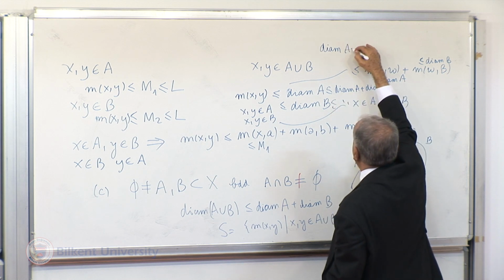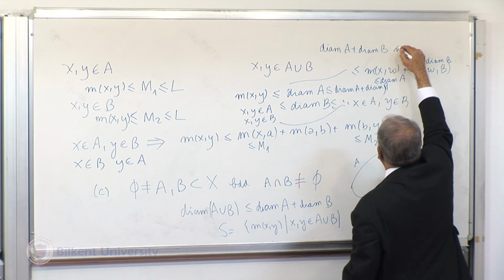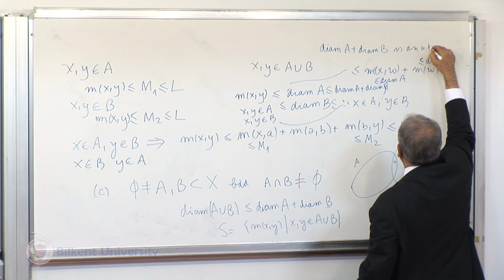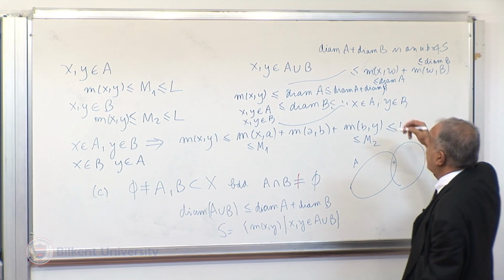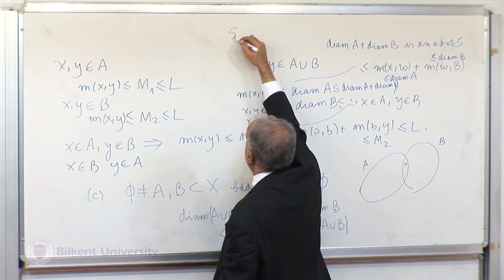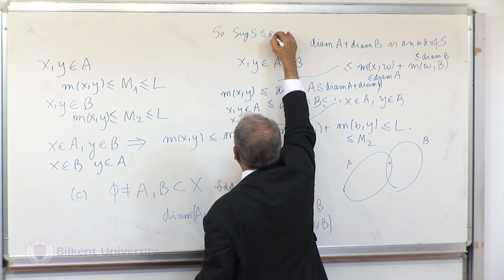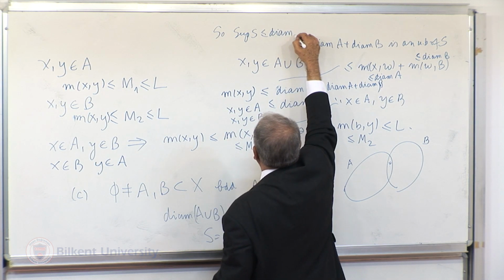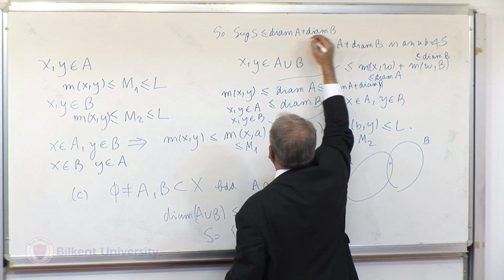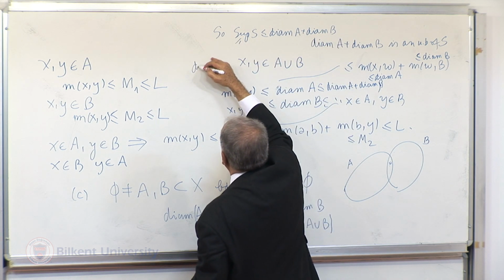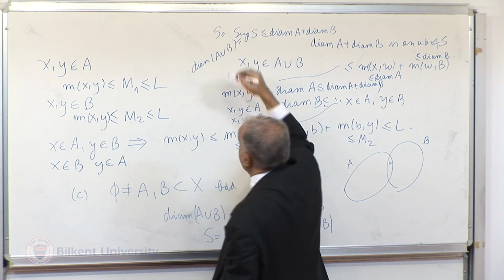So diameter A plus diameter B is an upper bound of S, where S is this. So the supremum of S is less than or equal to the sum of these. And this supremum is just the diameter of A union B.